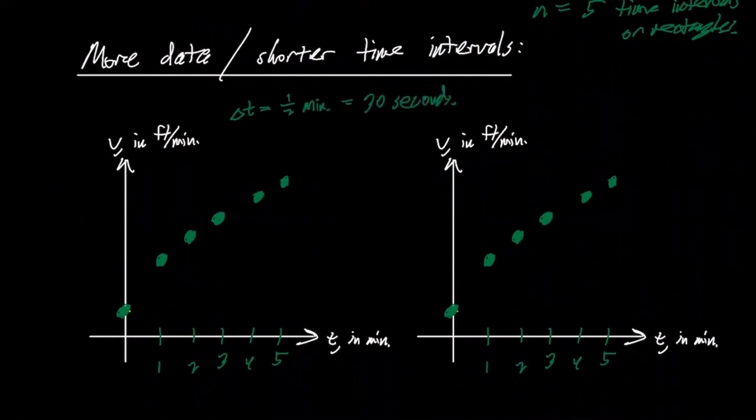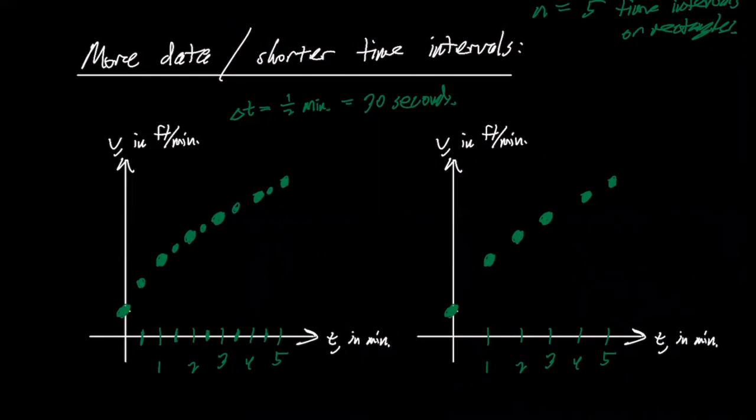If we did that, you'd pick up more data points. I'd have to put more hash marks on the bottom, one for every half minute, and I'd get more data points in between these. Maybe it's still increasing nicely.